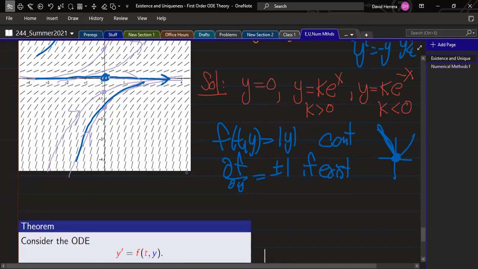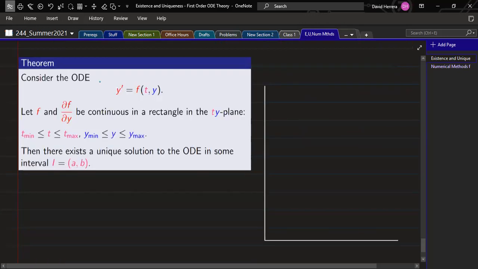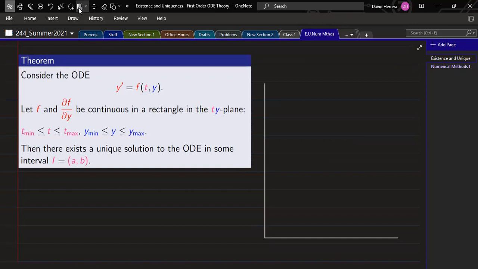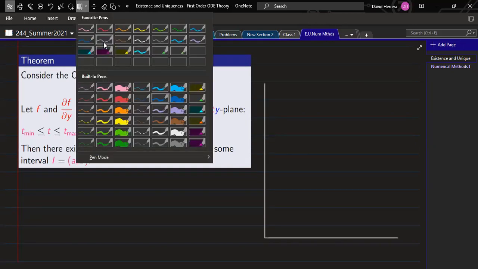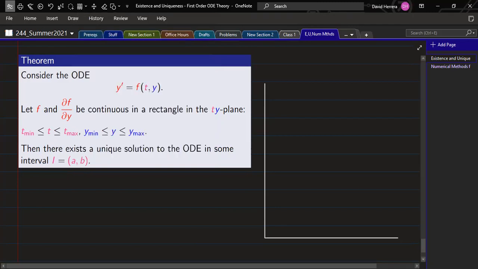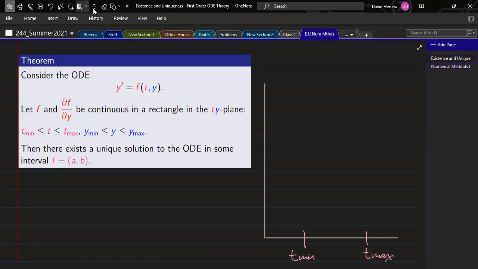Here is the general theory, the theorem about the result. So let us look at some things here. Here's this general statement, and we're going to look at what it says. So you have a differential equation here, and we're going to look at some initial condition. Let's first draw a window that this is talking about. Tmin, Tmax.